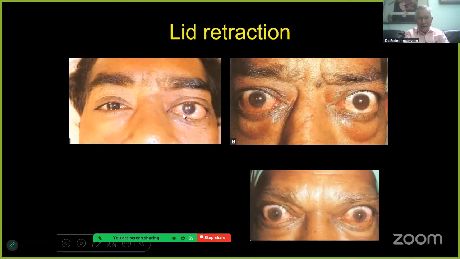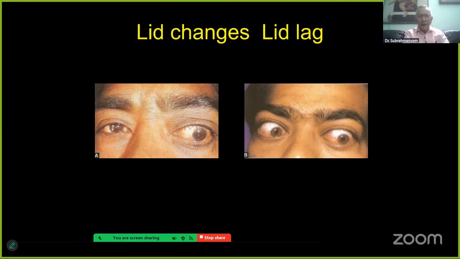Lid retraction is typically seen in thyroid arthropathy, which could be unilateral or bilateral, as you see in these cases. Other important lid changes are lid lag on downgaze, which could be unilateral or bilateral.